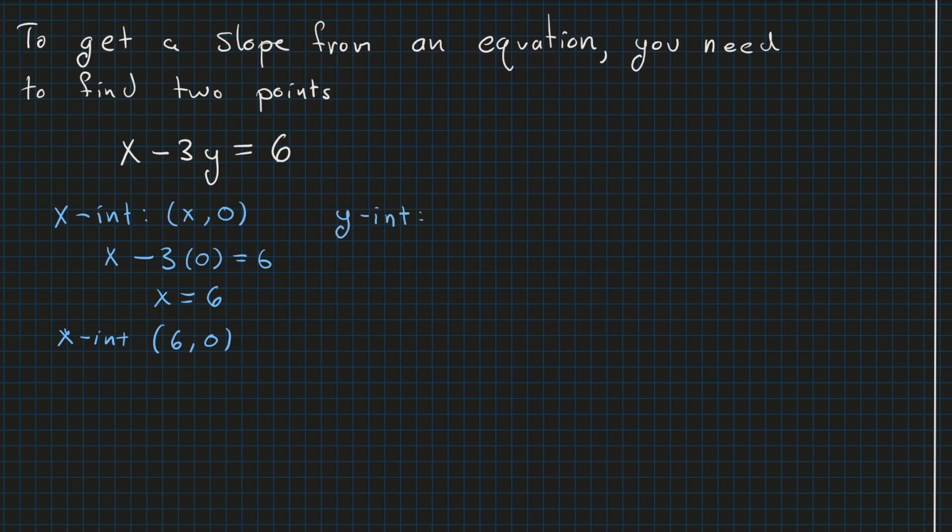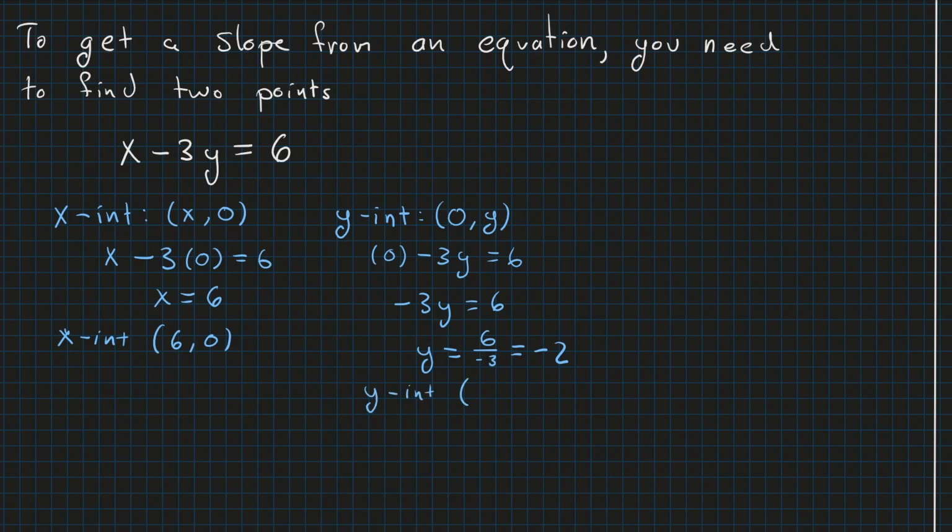You set the x to 0 and then solve for the y-coordinate. So we have 0 minus 3y is equal to 6, so minus 3y is equal to 6. Dividing both sides by negative 3, we get y is equal to 6 over negative 3, which is equal to negative 2. So our y-intercept is the point (0, -2).